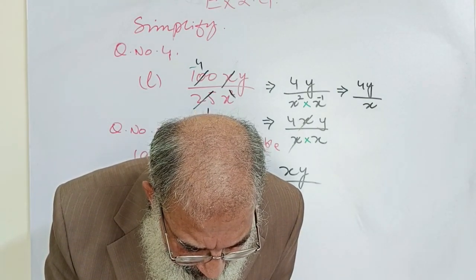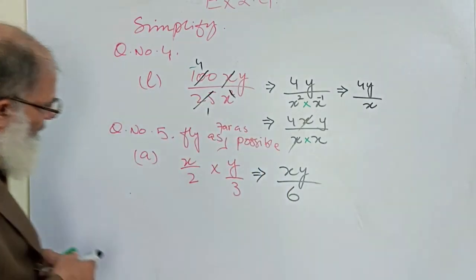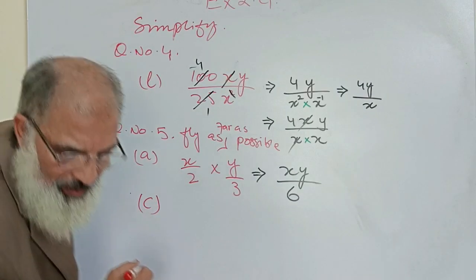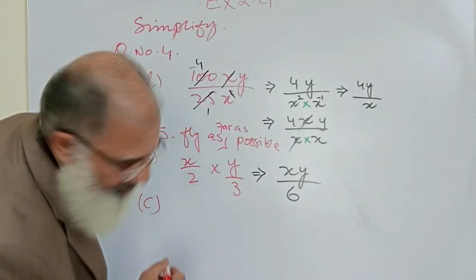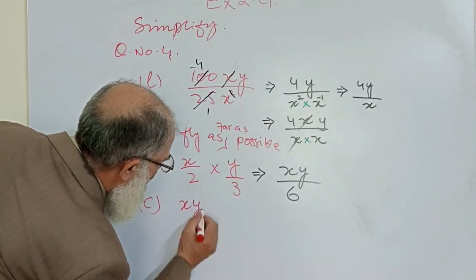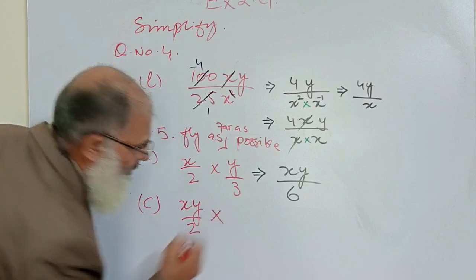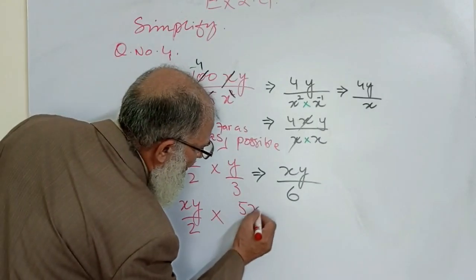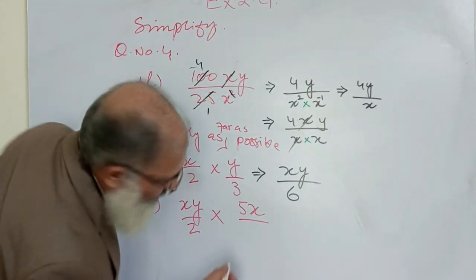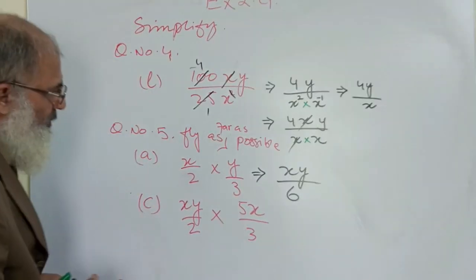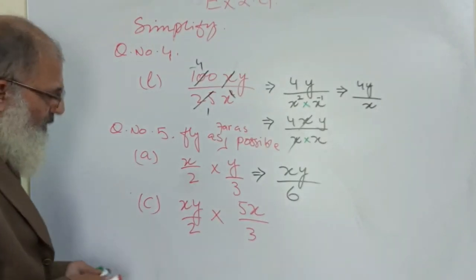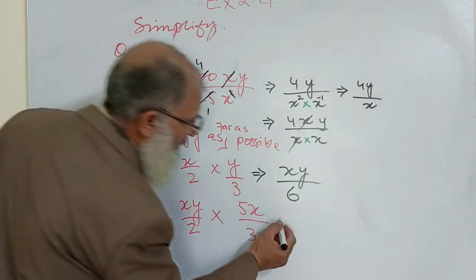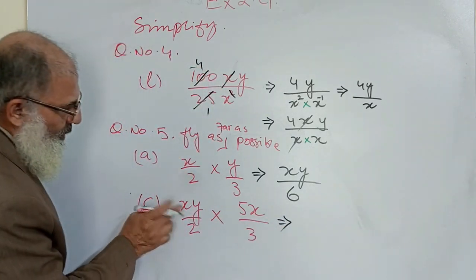Part B is the same. Part C: xy divided by 2 multiplied by 5x divided by 3. The denominators are the same in this case also, but there is a change in the numerators.